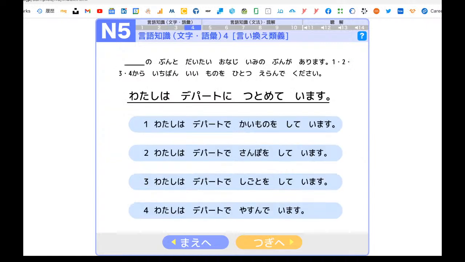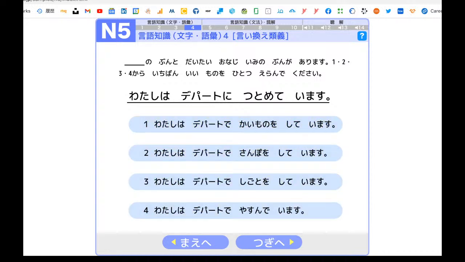下線の文と大体同じ意味の文があります。1234から一番いいものを一つ選んでください。The question means there is a very similar meaning sentence of this underlined sentence in these 1, 2, 3, 4 options. Please pick one.